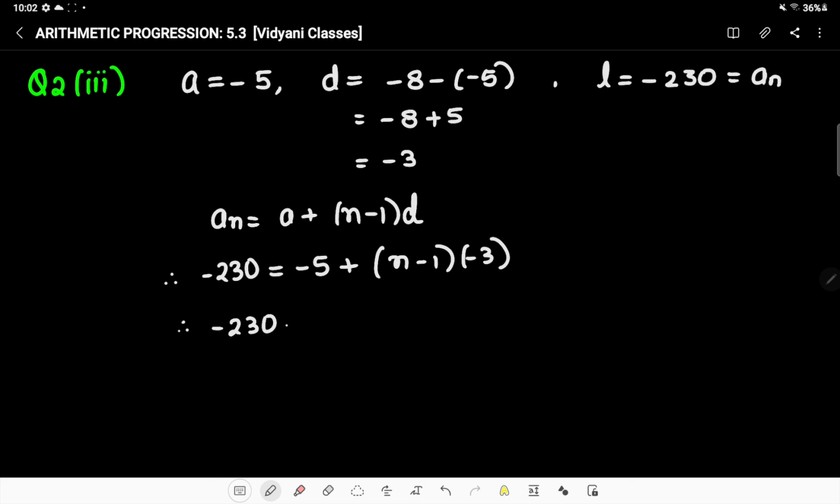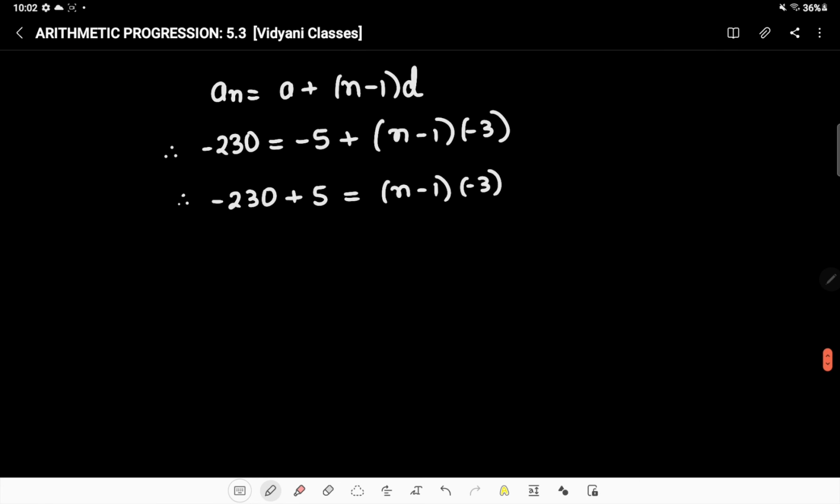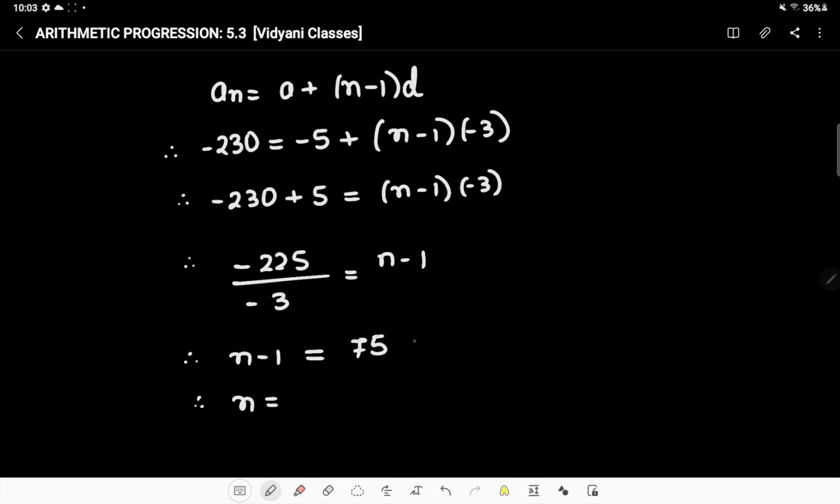Therefore minus 230 plus 5 equals n minus 1 into minus 3. Therefore it is minus 225 divided by minus 3 is n minus 1. Therefore n minus 1 equals 75, the minus minus cancels. n equals 75 plus 1. Therefore n equals 76.